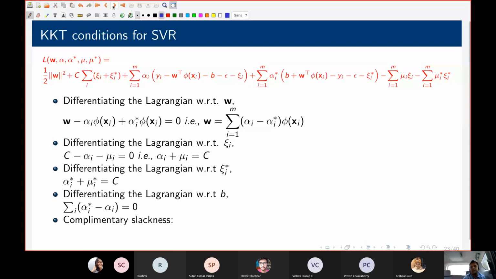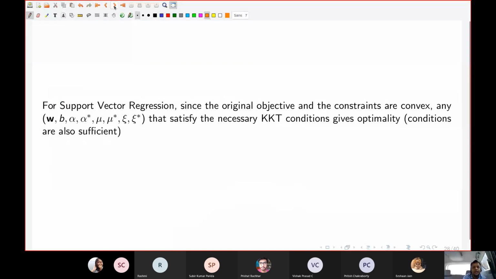The KKT conditions clearly hint at support vectors, or not just hint at, they outline the support vectors. And so on. I've just kept them so that you get a complete idea of what the dual objective is.